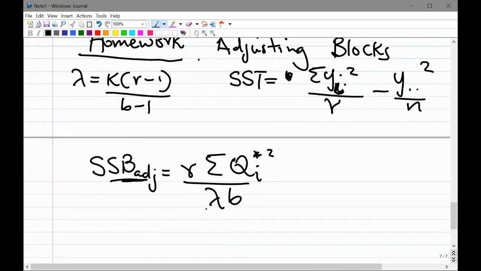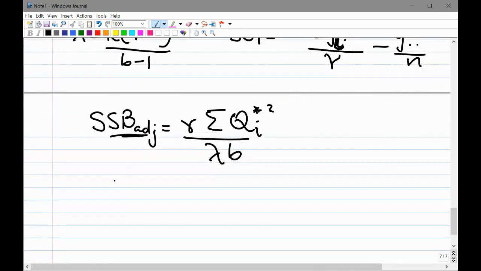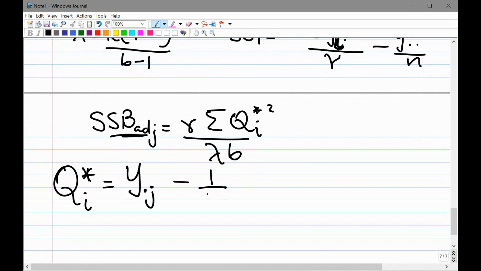Qi star is given by y dot j, the total for the treatment, which is the opposite now, minus 1 over k times the summation of n_ij times y i dot, because now we're doing the opposite.